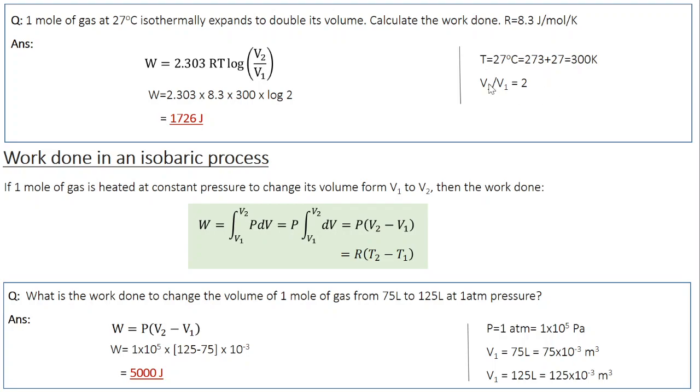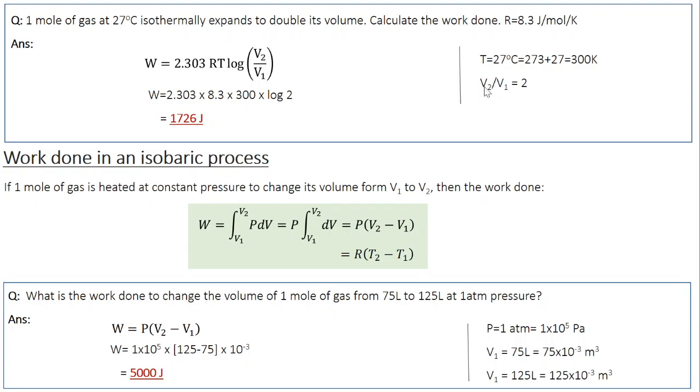Usually, we follow the SI unit system. But remember, when it comes to temperature, since we are considering absolute temperature instead of degrees Celsius, we have to write it in Kelvin. So temperature T is 27 degrees Celsius, which is 273 plus 27, that is 300 Kelvin.